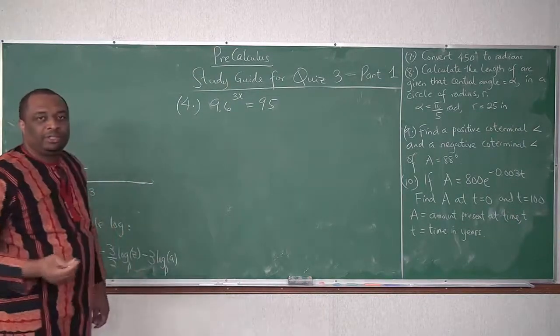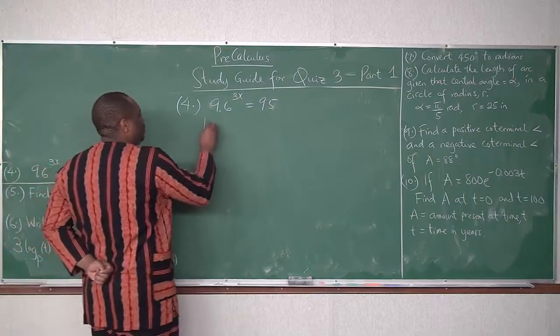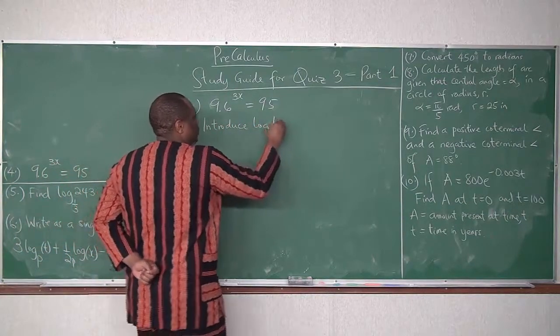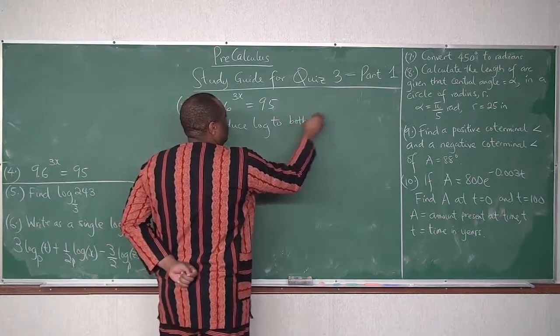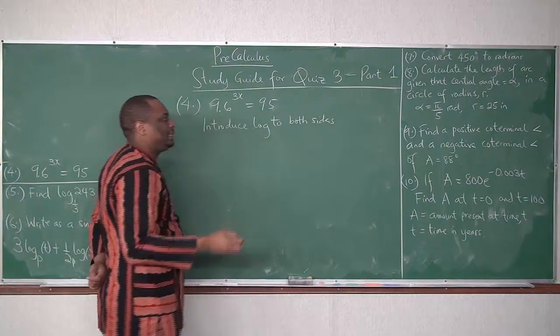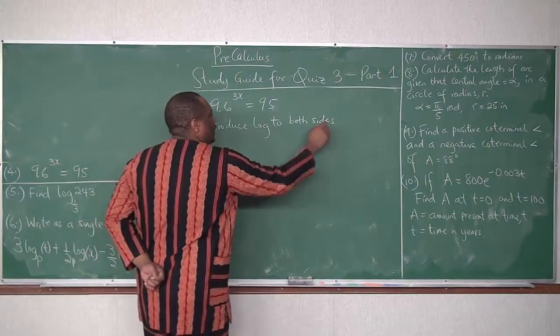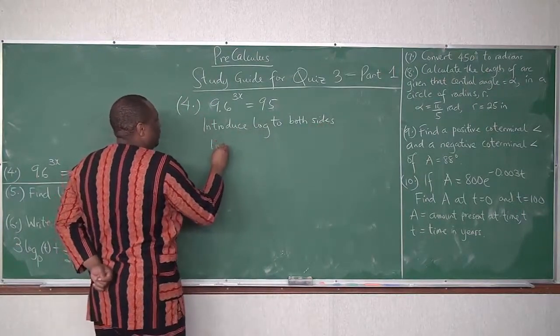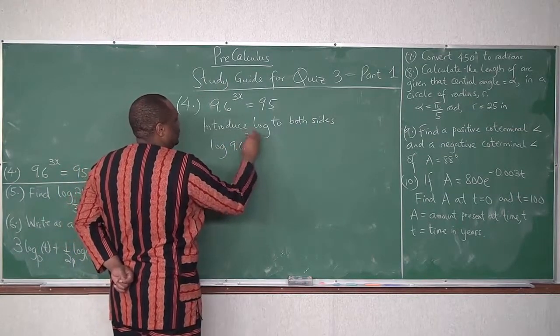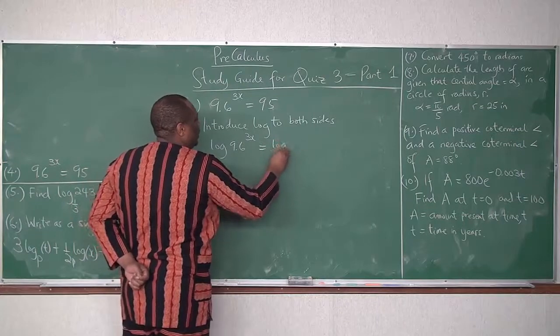So what do we have to do? We have to introduce log to both sides so that we can solve it. And once we do that, we now have that log 9.6 exponent 3x equal to log 95.